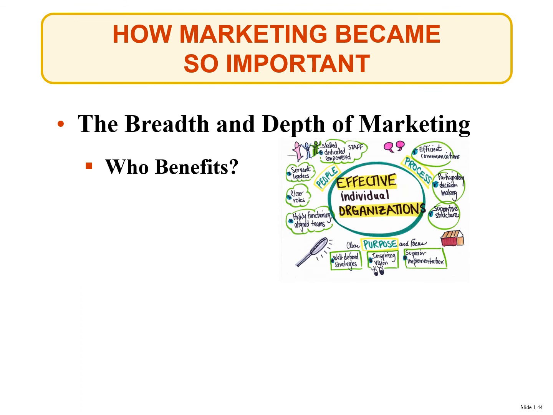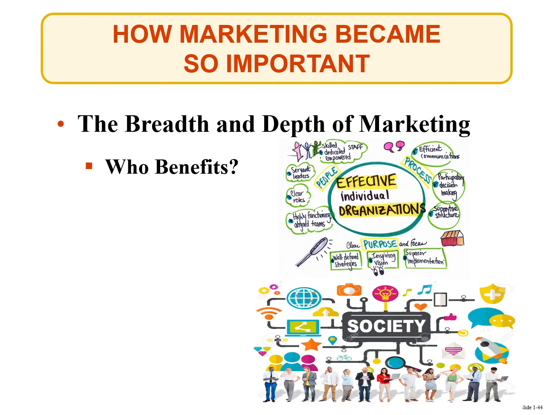Who benefits? The organizations benefit, right? Effective individual organizations benefit. The companies, the organizations, the businesses that are selling their products, of course, they benefit. And we say effective organizations because if they are doing it all right, then they benefit. The society benefits. How does the society benefit? If there's a business that's in working condition, it can have various benefits for the society. One, it generates employment. Two, it has all of those products.